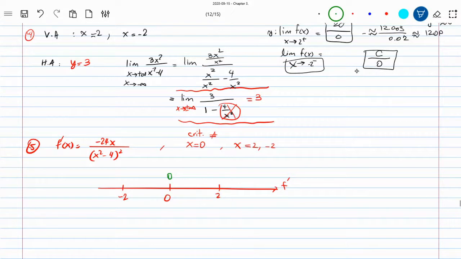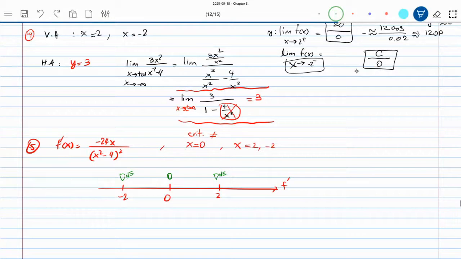But 2 and negative 2 do not belong to the domain. So maybe I should say undefined at these points, or do not belong to the domain. That would be better. Or you can say does not exist, either way. Just make sure that you notice that these points, in this case, do not belong to the domain, so they cannot be local maximum or minimum. Do not make that mistake.